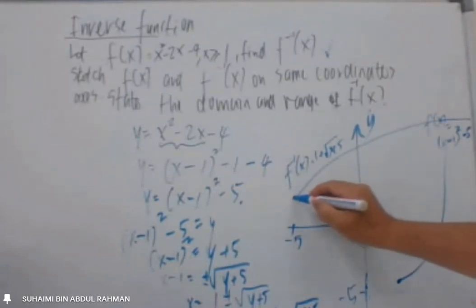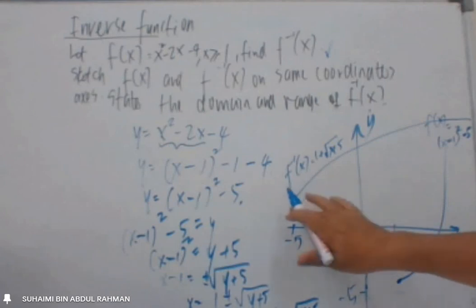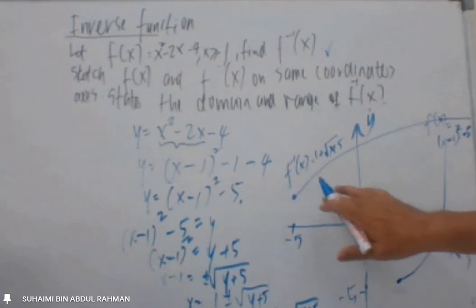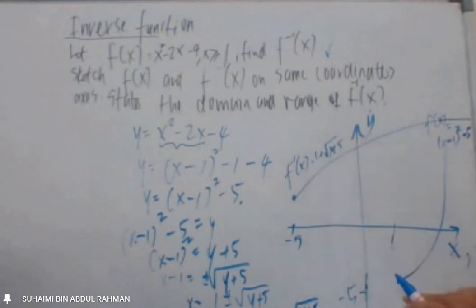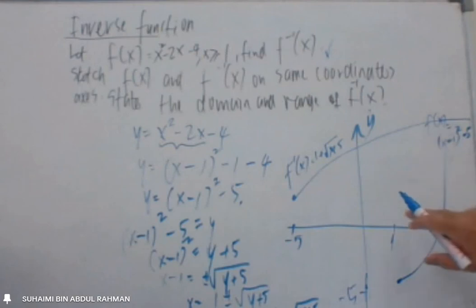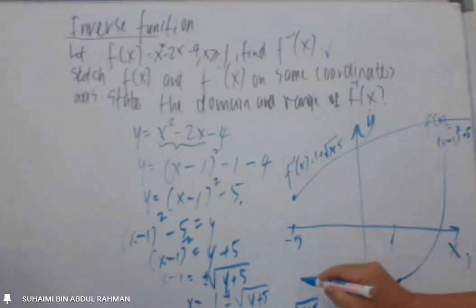So the place we start here is the point -5 for x and 1 for y. Because -5, 1. For the original, the place we start is 1 for x, because we shift it to the right 1 unit, and -5 for y, because we shift down 5 units.